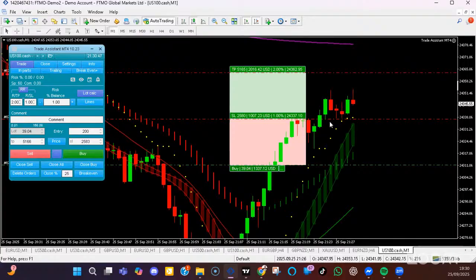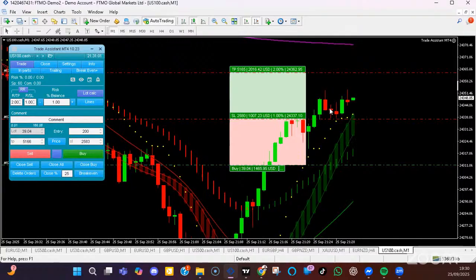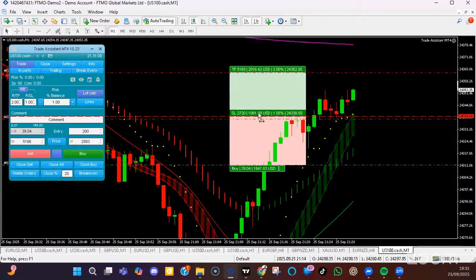But the parabolic SAR is now flattening out, so I know there's orders being picked up. From my point of view, I hope they're buy orders rather than sell orders, but you never know, some sellers might come in within the next couple of minutes. One never knows. So I'll just put it up a little bit more.